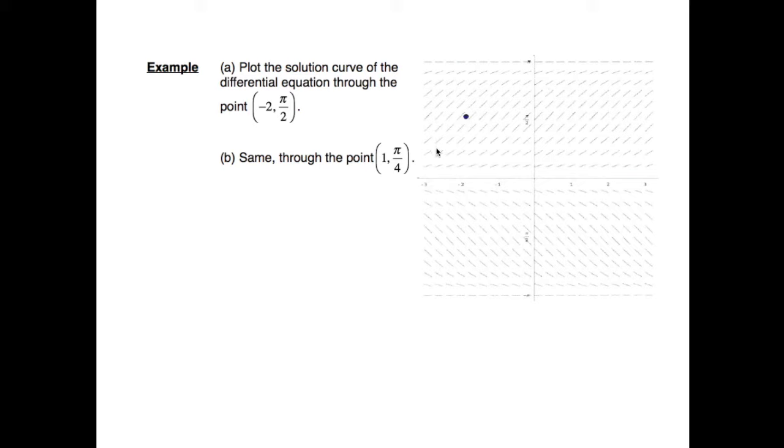So imagine this is kind of like water, and you throw a cork in the water. It's going to flow with the movement of the water, and the solution curve is going to be something like that. It's very important that you see I am never crossing any of the line segments. It's impossible to be crossing one of these line segments.